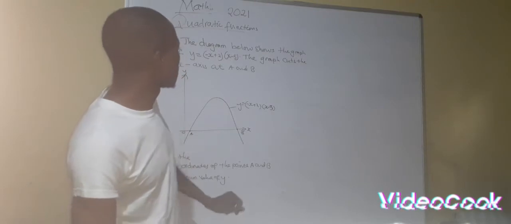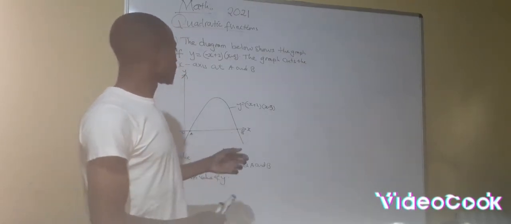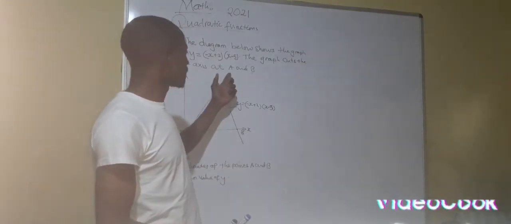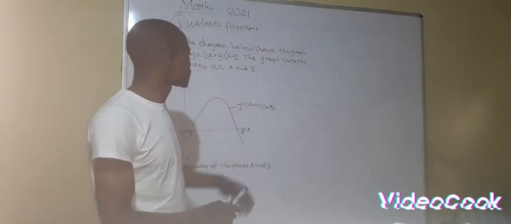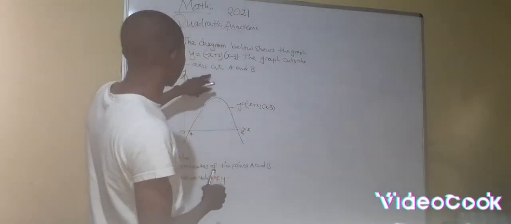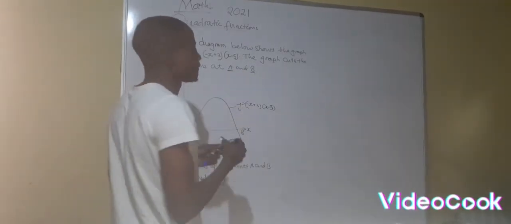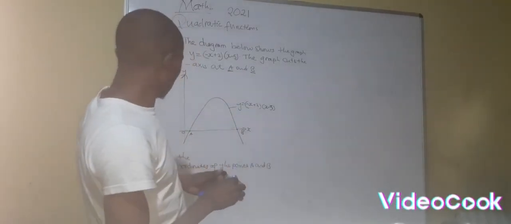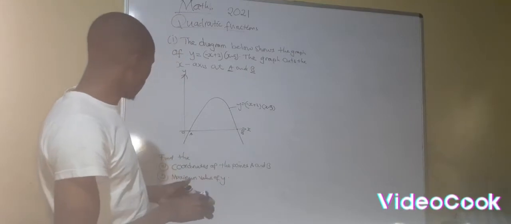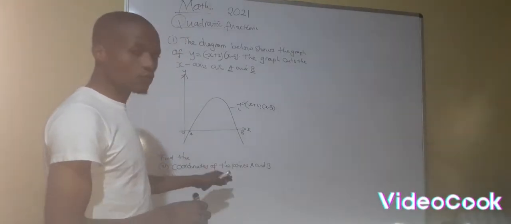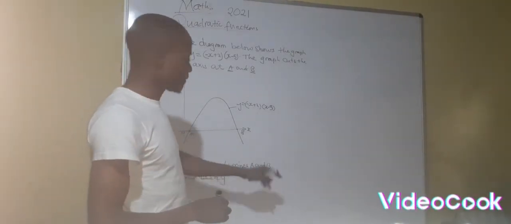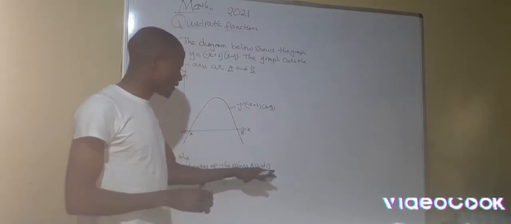The graph cuts the x-axis at A and B. So this graph is cutting the x-axis at the point A and the point B. The question is: find the coordinates of the points A and B.